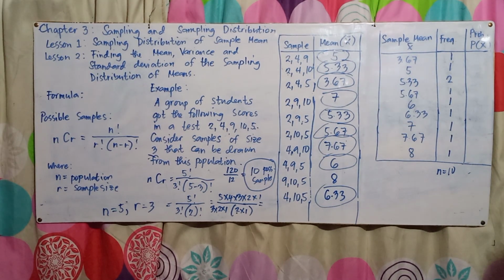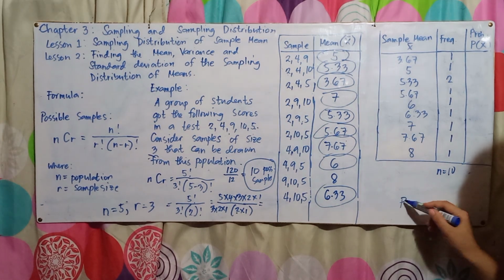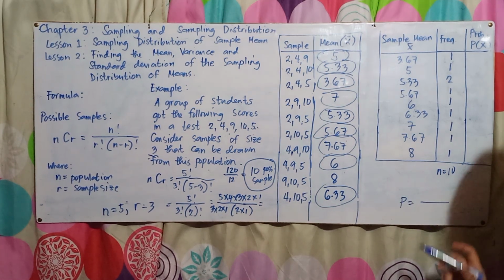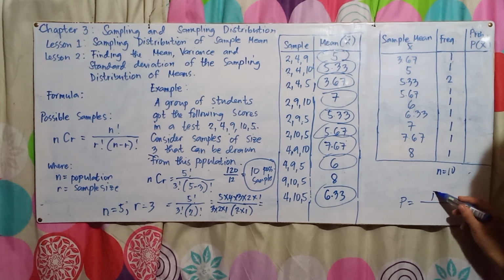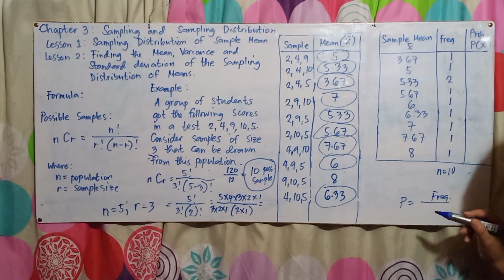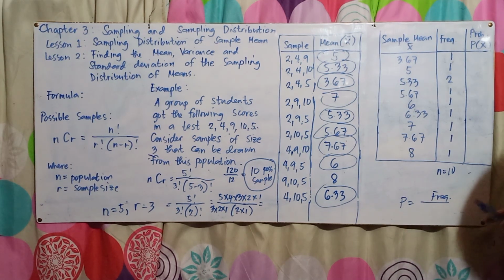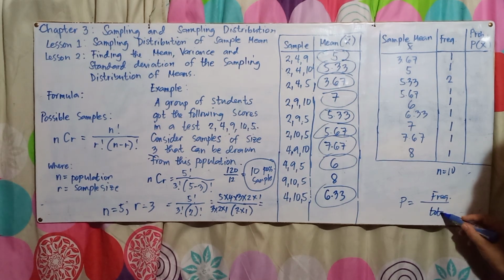Next, probability. The formula for probability is the frequency divided by the total sample size.